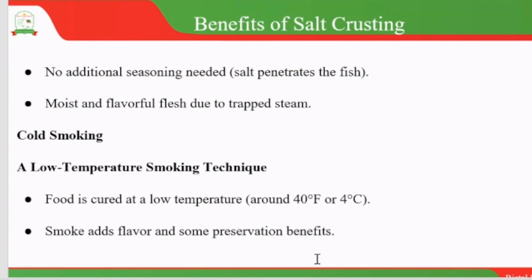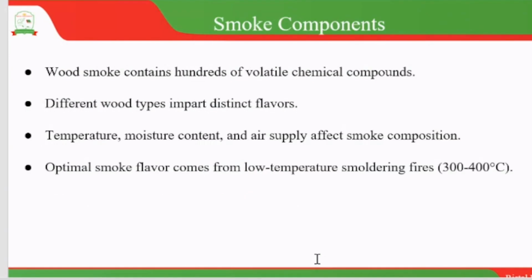Right, so-called smoking. This is a technique where we're using low temperature smoking. The food is cured at a low temperature of around 40 degrees Fahrenheit or 4 degrees centigrade. Smoke adds flavor and also some benefits. So what are the smoke components here? Wood smoke contains hundreds of volatile chemical compounds.